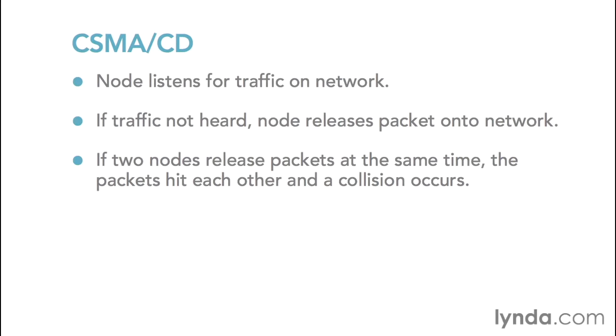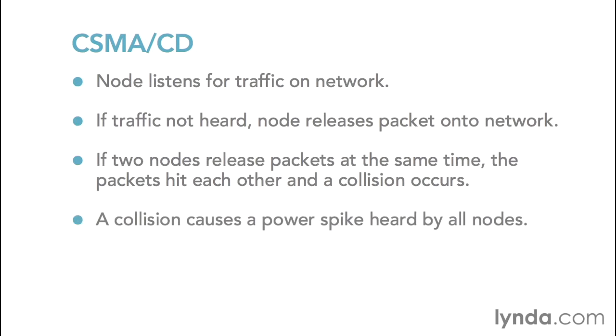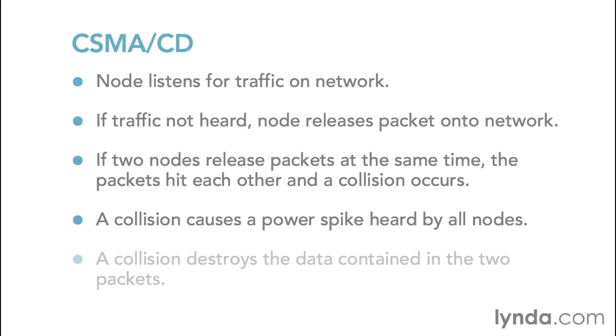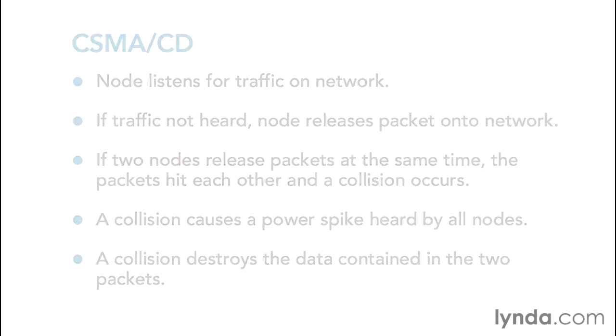When this happens, the packets end up hitting each other, and we have what is called a collision. When the packets hit each other, they cause a power spike that is then heard by all the nodes on the network. Also, when two packets collide with each other, they destroy the data that was contained in both the packets.